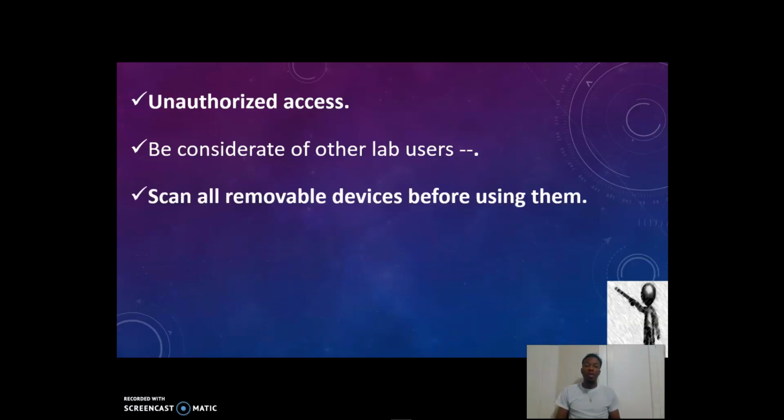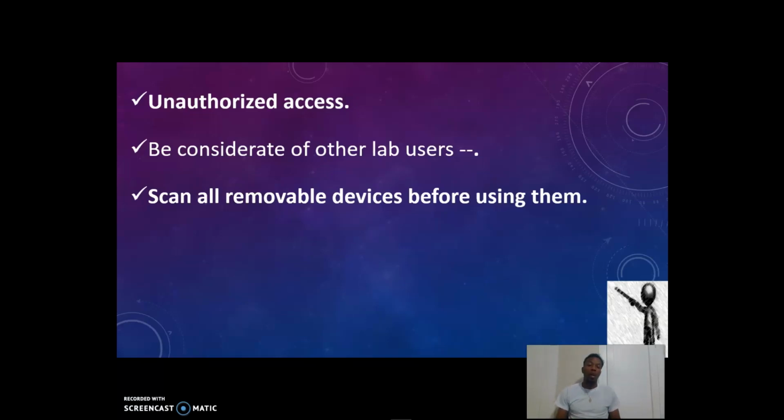Scan all removable devices before using them. There is something called a virus. Alright? We all know about viruses. A virus is very dangerous and harmful to our computers. A virus can be used to destroy our operating system. It can even be used to capture our information.